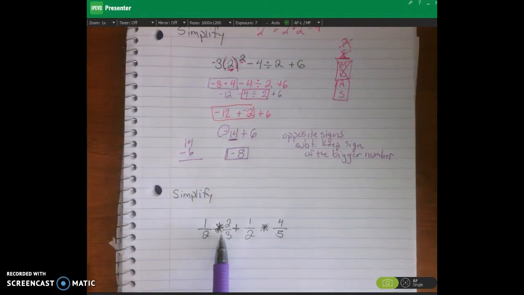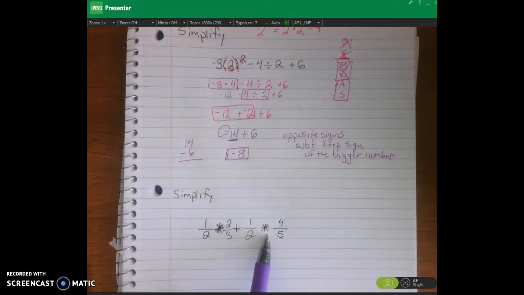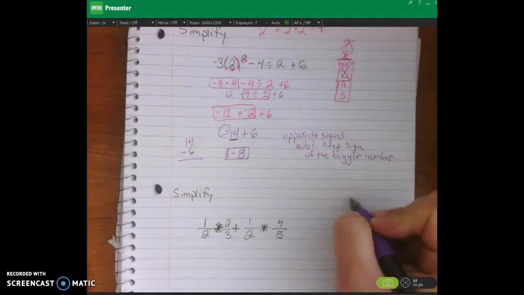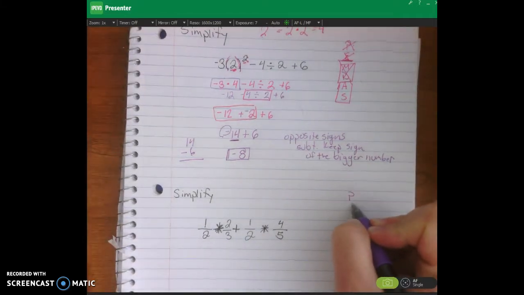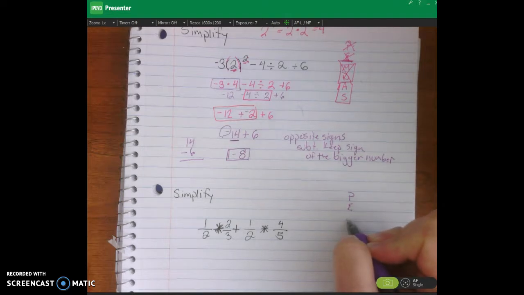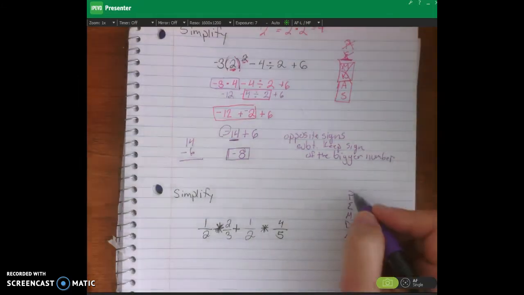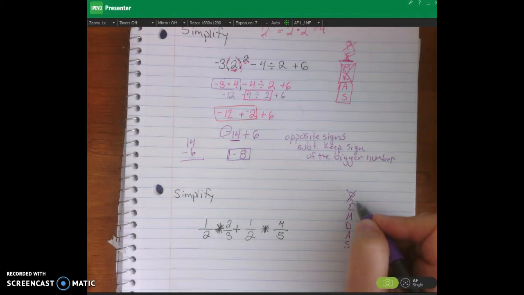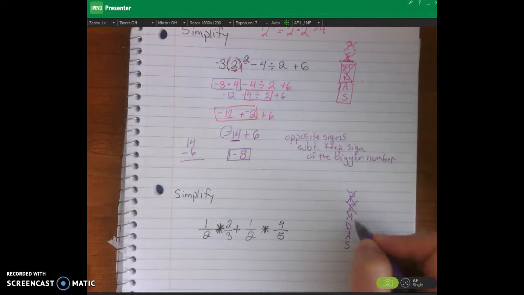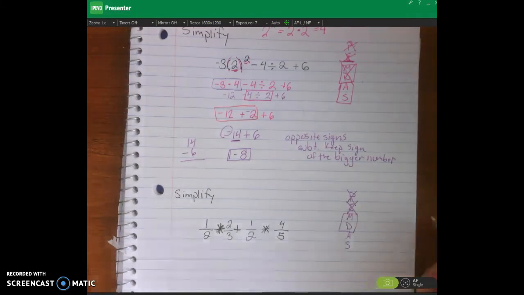And my little stars here simply mean multiply. So now we're going to do some more, but this one's going to be with fractions. So we still need to follow the same order of operations: parentheses, exponents, multiplication and division, addition and subtraction. We look here, we have no parentheses, we have no exponents, but we do have some multiplication.